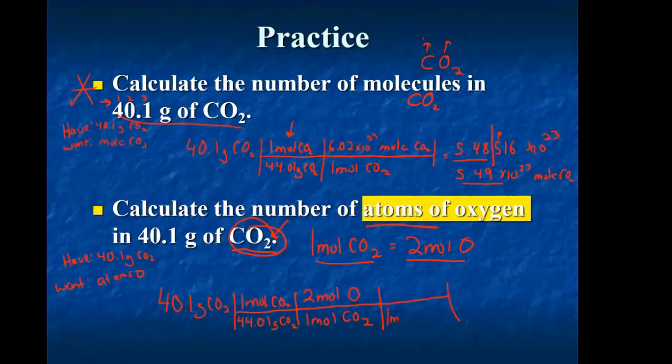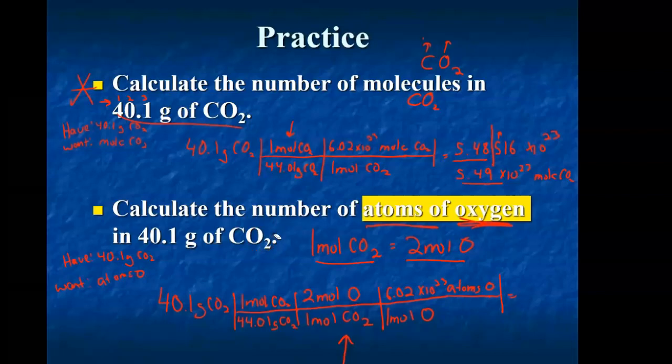In 1 mole of oxygen, there is 6.02 times 10 to the 23rd atoms of oxygen. So this is the new little piece. And the reason we did that was because they specifically asked about oxygen, so they wanted to know the number of atoms of oxygen that we have here, not just CO2.